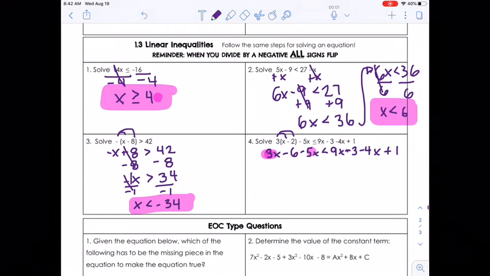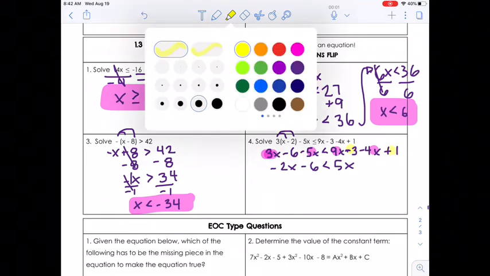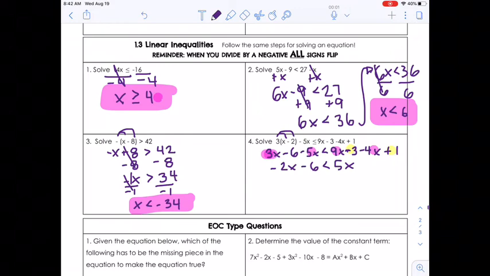All right, and we'll move to the other side, and we're going to combine our variables together. And then we'll combine our constants together. Right? And we're always going to move our variables first.